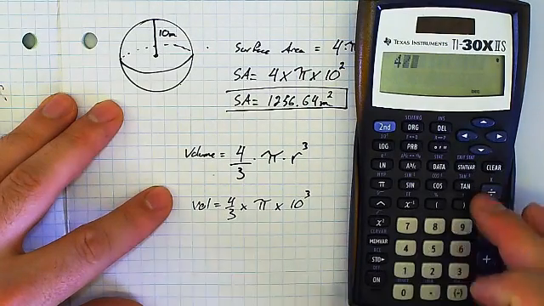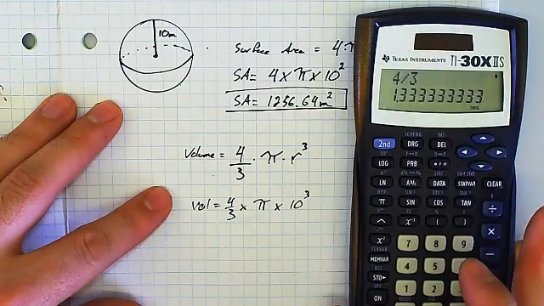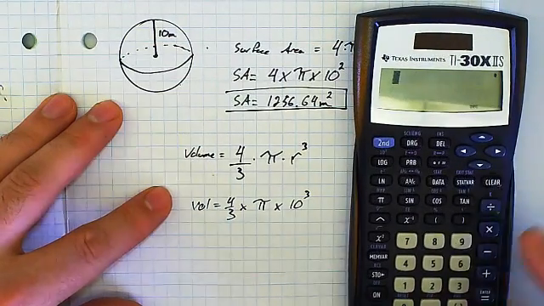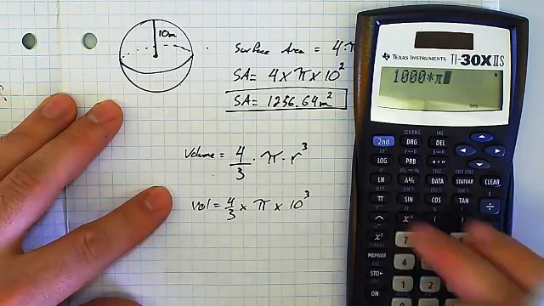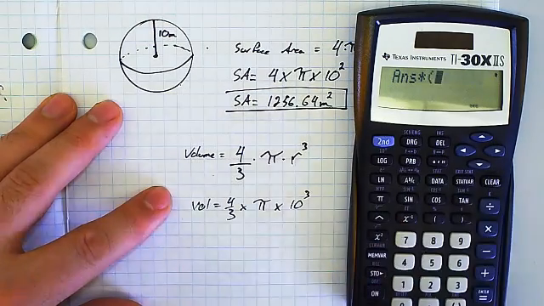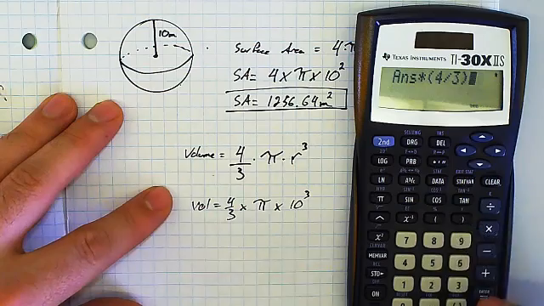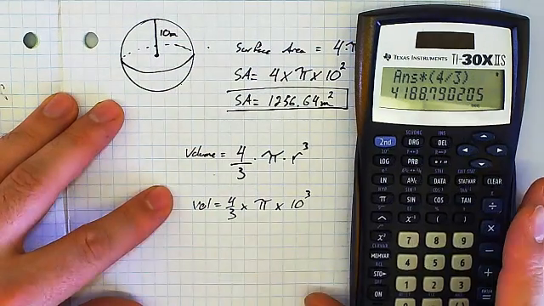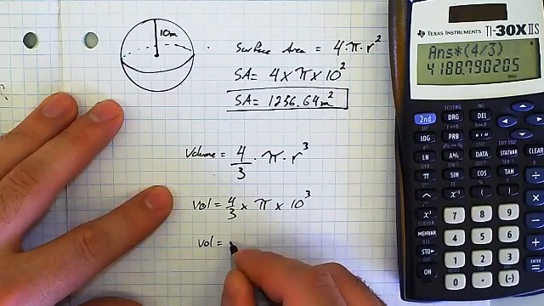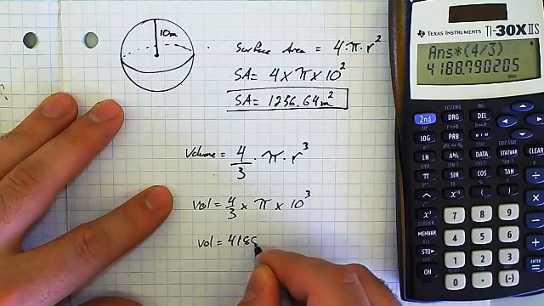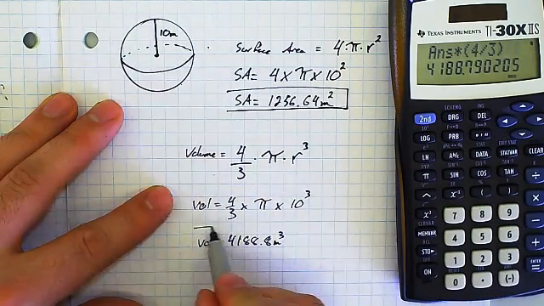Now you could go 4 divided by 3 first to get your decimal, as long as you float that and keep enough digits, or in a calculator, you multiply it by 4 divided by 3 in brackets. Either way, you get the same answer, which means we get a volume of 4,188.8 meters cubed.